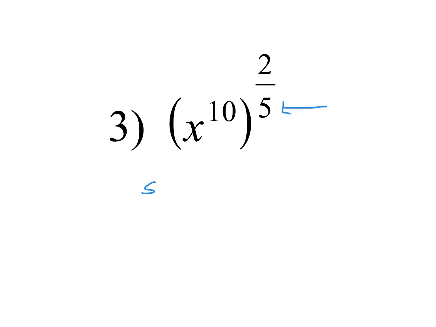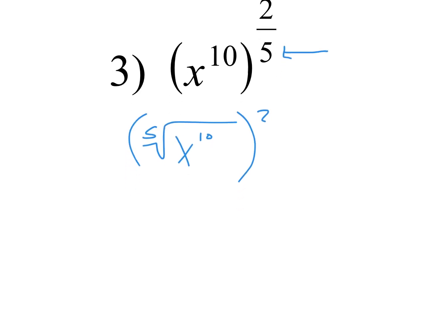That goes in front of our radical. So we have the 5th root of x to the 10th power. And then the exponent on top stays on top. So squared. So we have x to the 10th power inside of our radical.